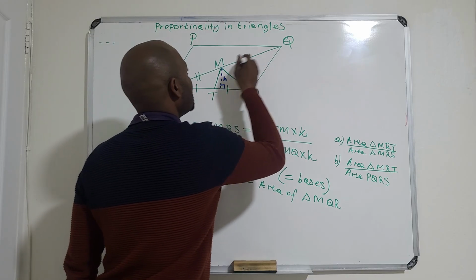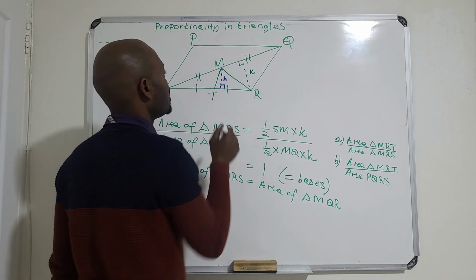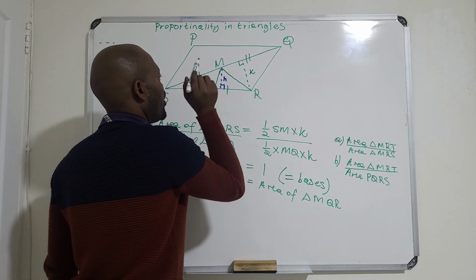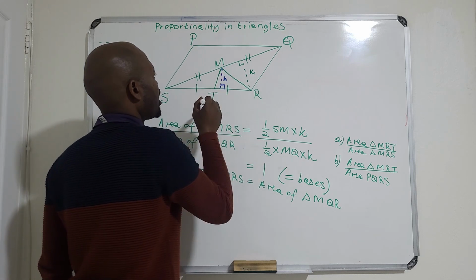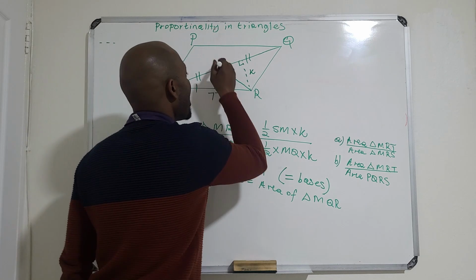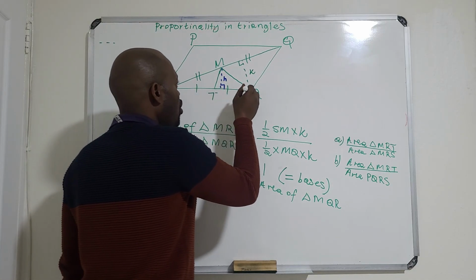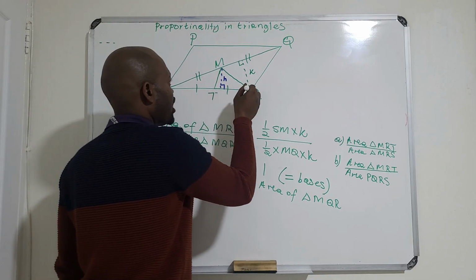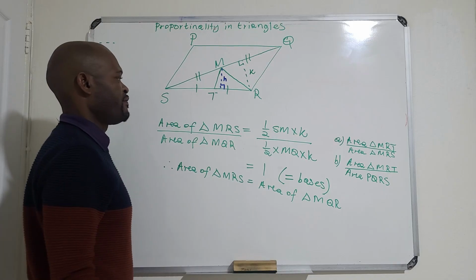I've just shown you that this triangle is equal to this triangle. Since the ratio of the area of this triangle over this triangle is half, it means that the ratio of the area of this triangle over the area of this triangle is also going to be half.